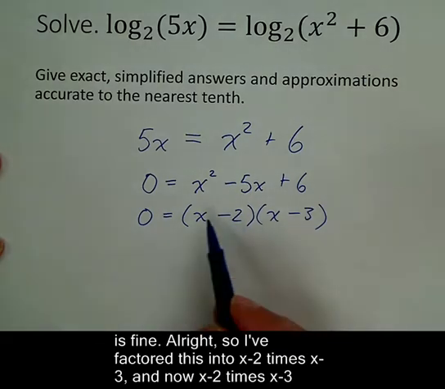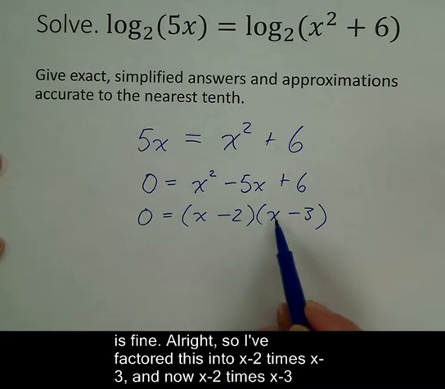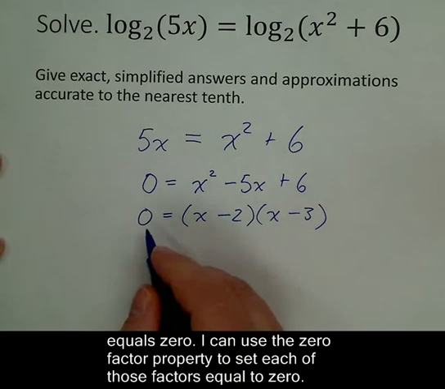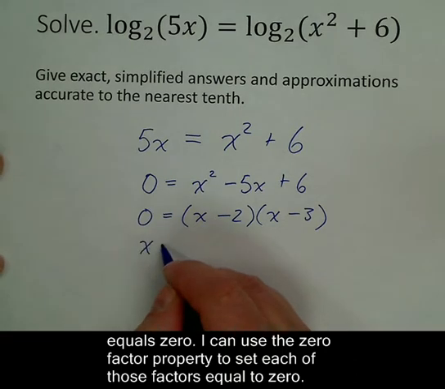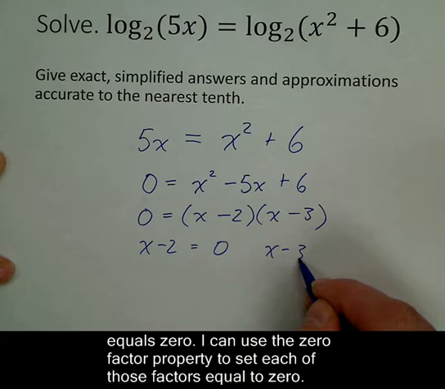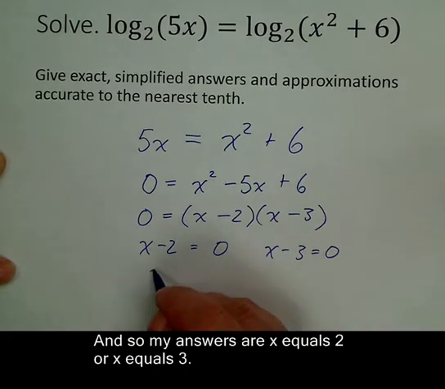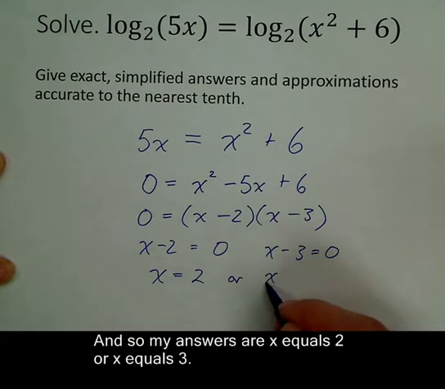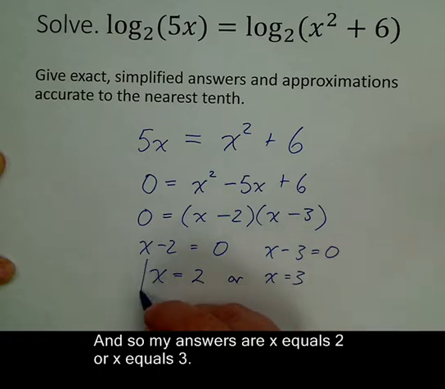All right, so I've factored this into x minus 2 times x minus 3. And now x minus 2 times x minus 3 equals 0. I can use the zero factor property to set each of those factors equal to 0. And so my answers are x equals 2 or x equals 3.